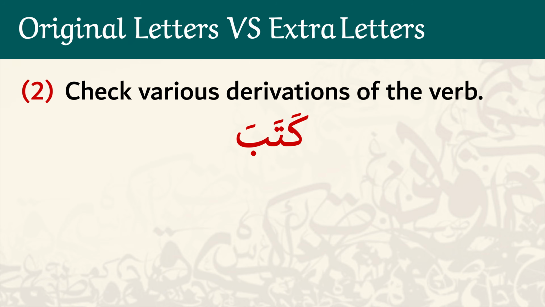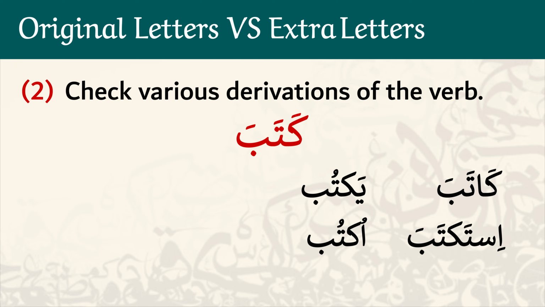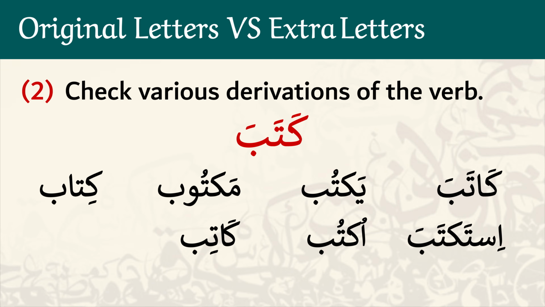We can derive many verbs out of this one, like كاتب, استكتب. Other tenses can be also taken out, يكتب, اكتب. Lots of nouns can also be derived, such as مكتوب, كاتب, كتاب. And the passive of this verb is كُتب.